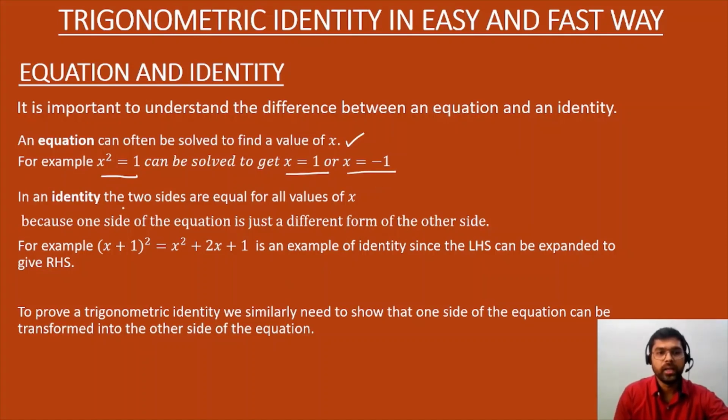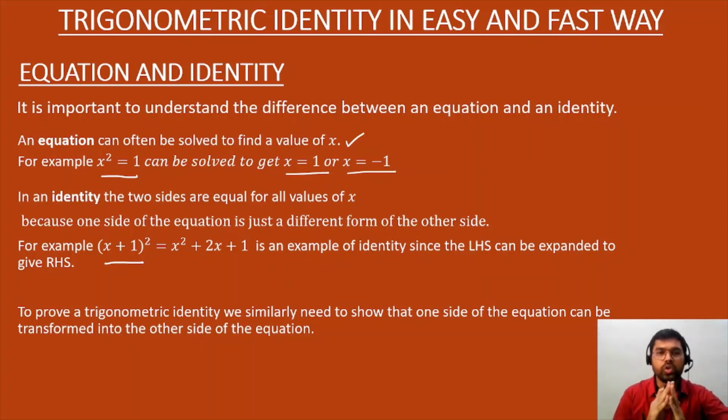Whereas an identity, the two sides are equal for all values of x. Okay, because one side of the equation is just a different form of the other side. For example, we are given with an identity that is x plus 1 whole square. So if we expand, we'll get x square plus 2x plus 1. So this is an example of an identity, since left hand side can be expanded to give us right hand side.